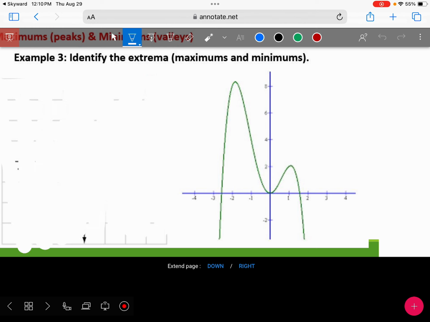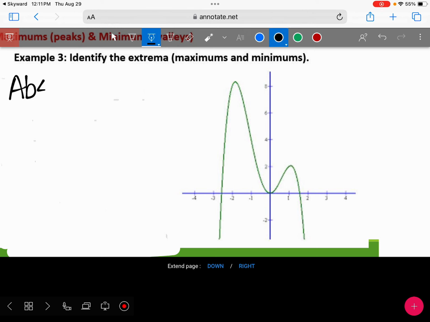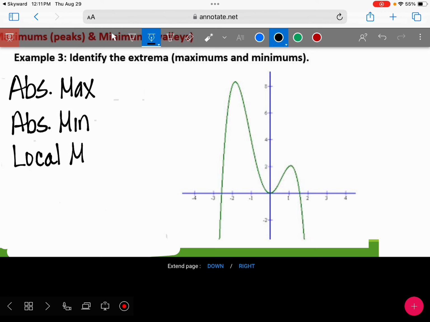So for this one, we do have an absolute. So let me go ahead and write that again. So we have our absolute max. We have an absolute min. We have our local max.